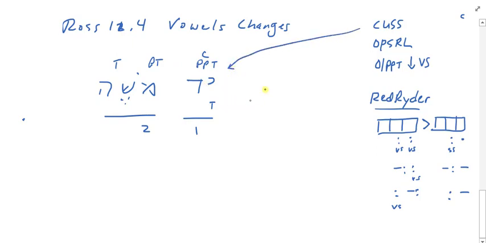The cuss rule has to apply here. Closed, unaccented syllables require what kind of vowel? A short. So a kametz is a long A. What do I need? I need a short A, and that's going to be a pathak, right? So that's why Yad Moshe looks like that. Okay? That's easy enough.